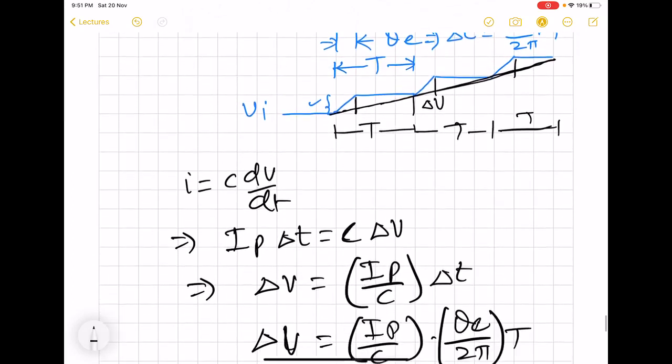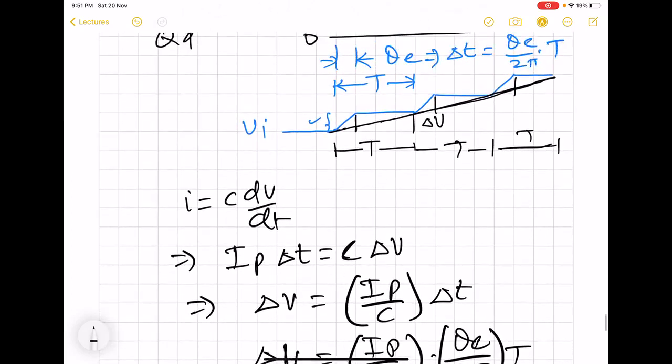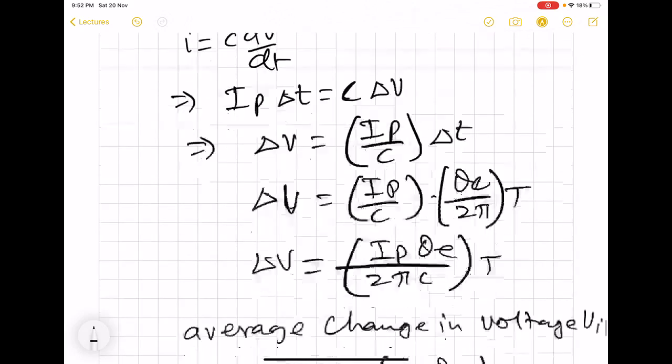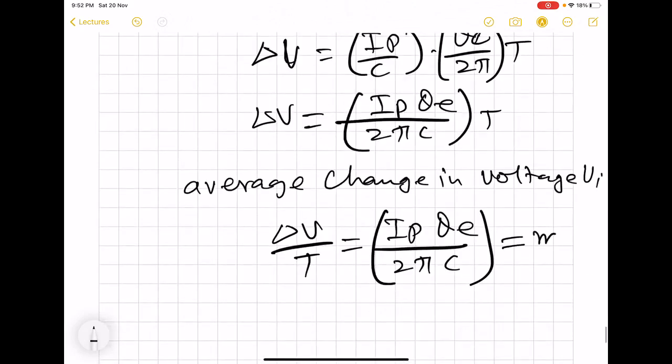This average value is actually going to be the slope of this line that we have drawn here. So we can now approximate this Vi by this black color plot, which is 0 up to here, and then it rises with a constant slope. And that slope is going to be equal to this.